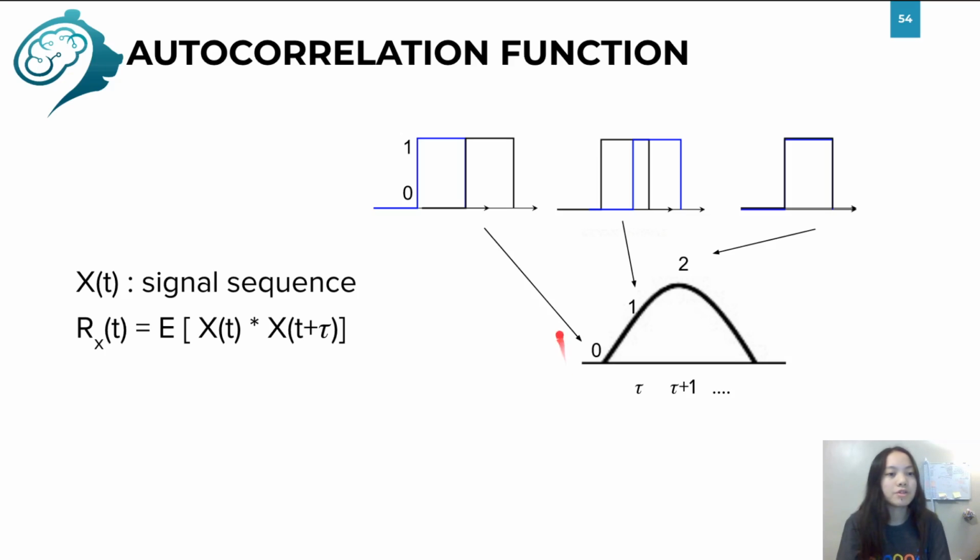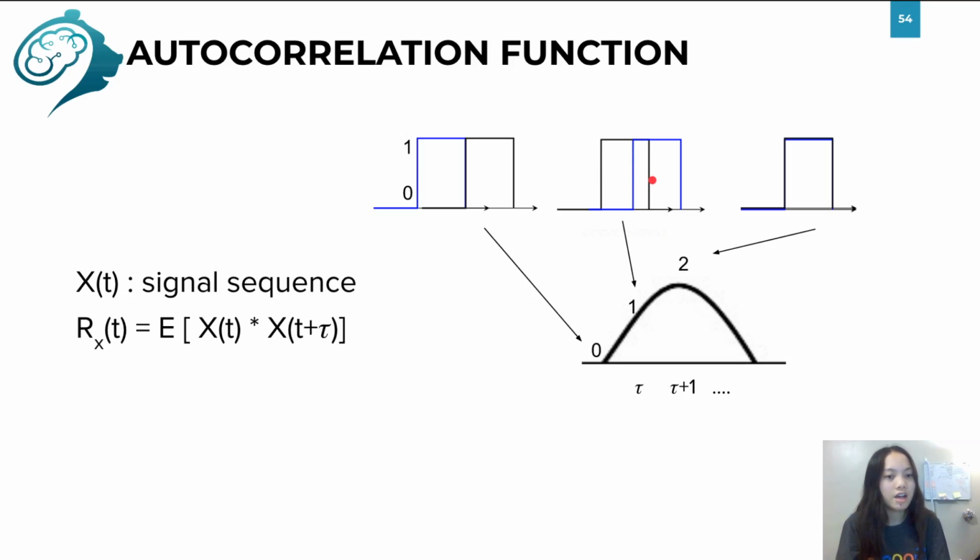But once you move the signal here, let's say x of t, which is black, remains static. The original data is black in this figure, and it remains static the whole time, and you're moving the signal. So the blue signal is sort of like the kernel, and you move it by tau steps.